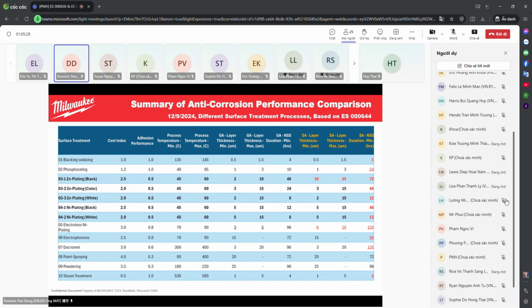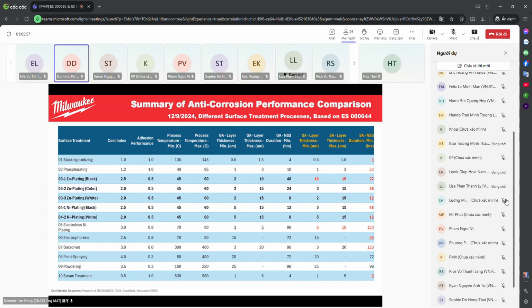It's much more expensive, but the performance is excellent. Then we have other processes like electrophoresis plating and dichromat plating. Dichromat we would pay close attention to because it is quite preferred in TTI. And of course, we have paint spraying, powdering, and steam treatment.